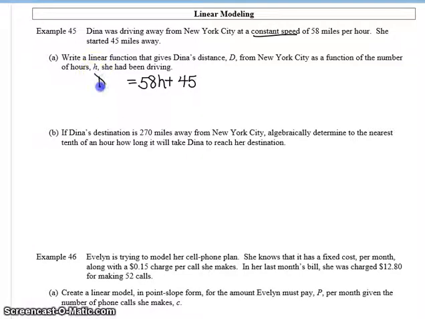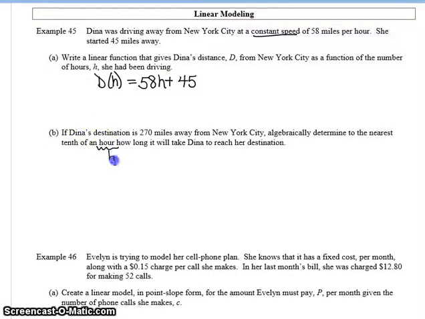And now we set that equal to d of h, because d is just the total distance that Dina has driven. Okay, so there's my linear function. So instead of having y equals 58x plus 45, we have d of h equals 58h plus 45. Okay, part B. If Dina's destination is 270 miles from New York City, algebraically determine to the nearest tenth of an hour how long it will take her.